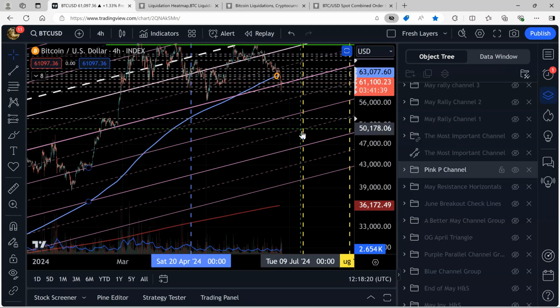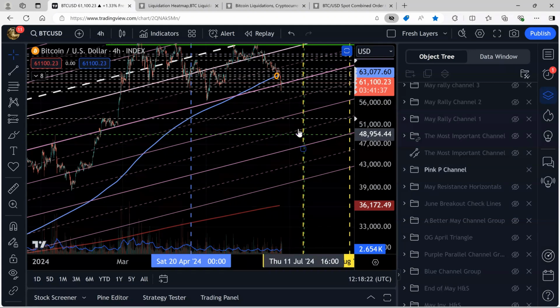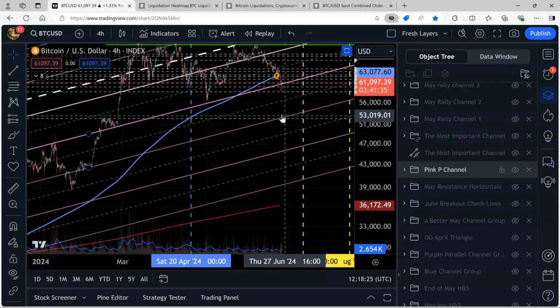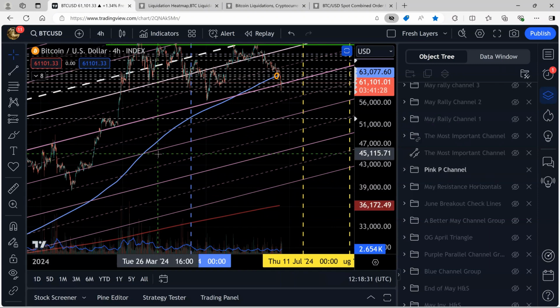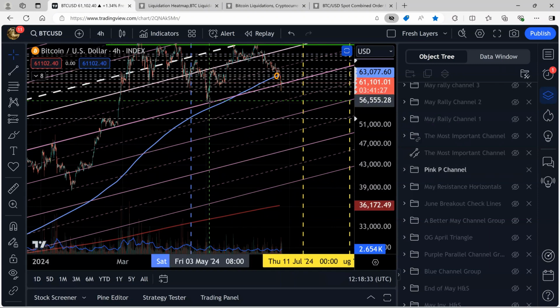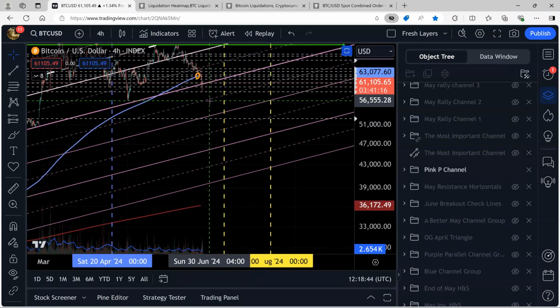Anything lower than that, you got to start thinking something else is going on. But like we did back in March of last year, I don't really see us falling below 56 and a half. So those are the worst case scenario things.